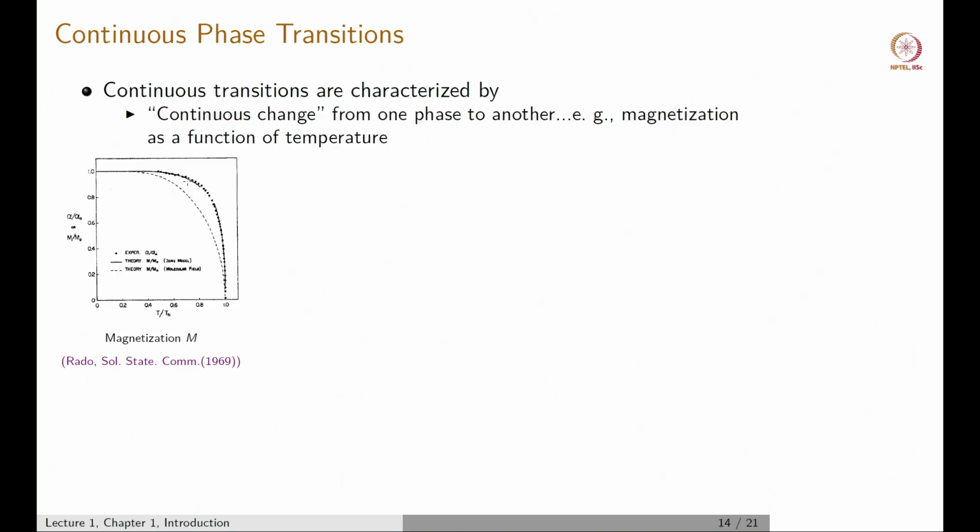You should contrast this with the density change that I mentioned for the first order transition between the liquid and the solid. Here the magnetization is 0 at the transition point and then starts to grow gradually as you reduce temperature. In this sense it's a continuous transition.